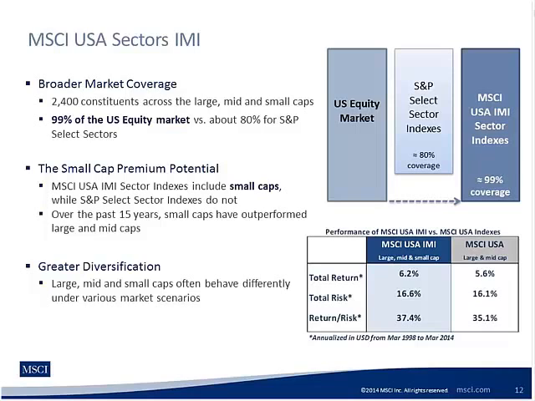So you see some of the differences here on the page. You get 99% coverage of the market. The 1% that's left out is the uninvestable stocks that investors can't get hold of anyway. And instead of the 80%, you can see what's going on in the bottom table. What difference does that make?